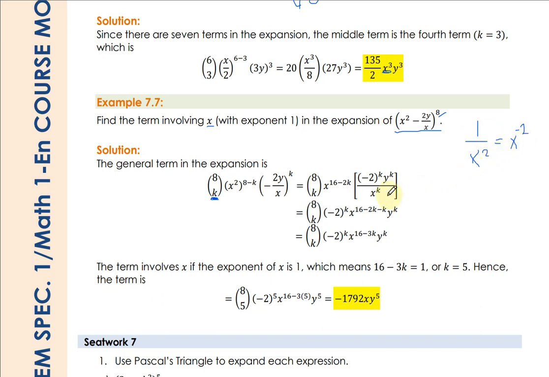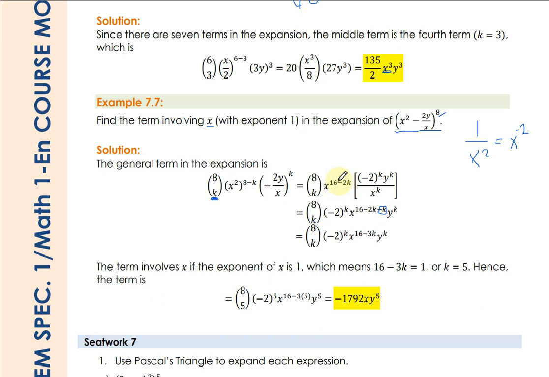So similarly, if we want our x to the power of k to be in the numerator, then we just have to negate the sign of our x. So that's why we have x to the power of negative k. So aha man na siya nga part dere. So mo ni siya x to the power of negative k.